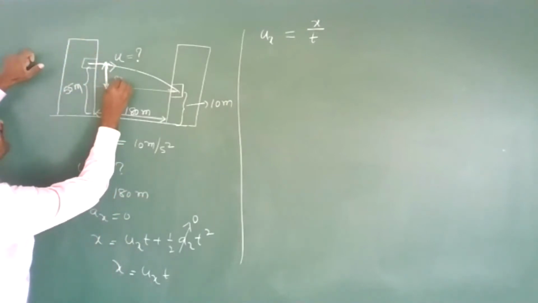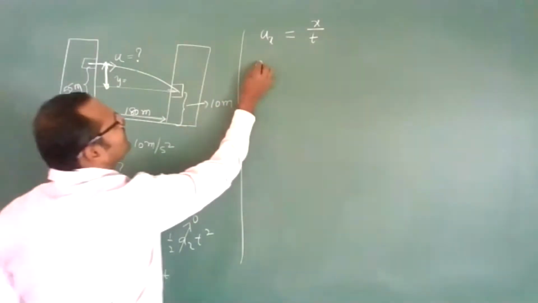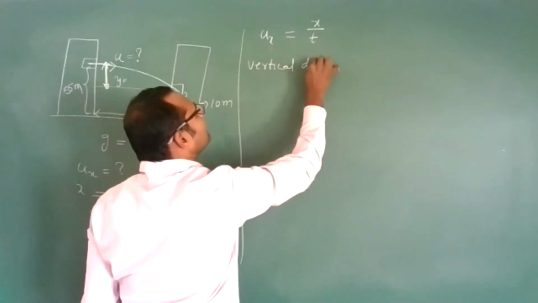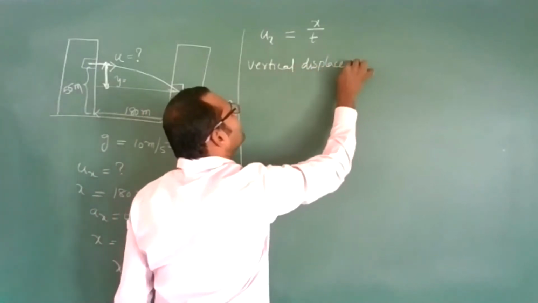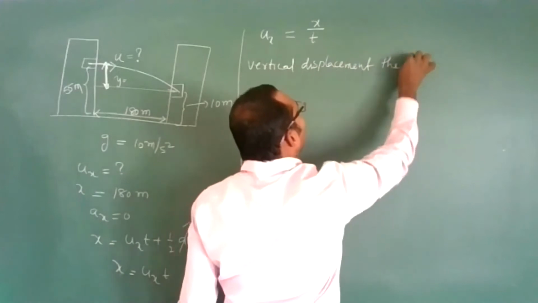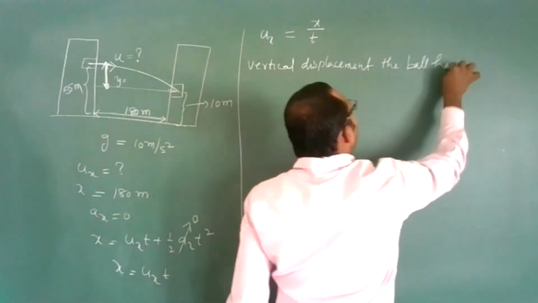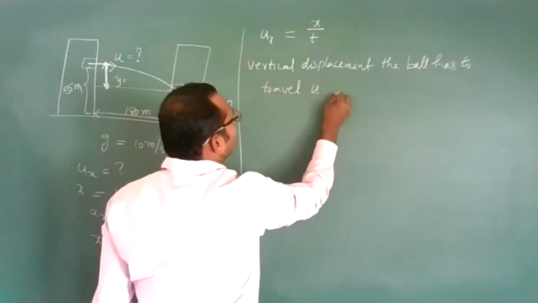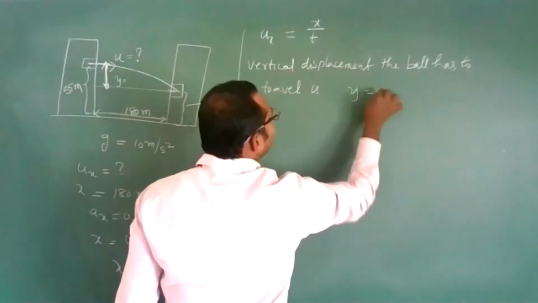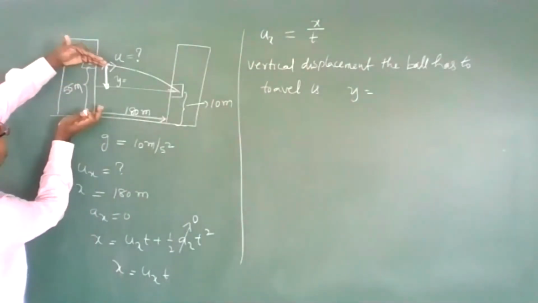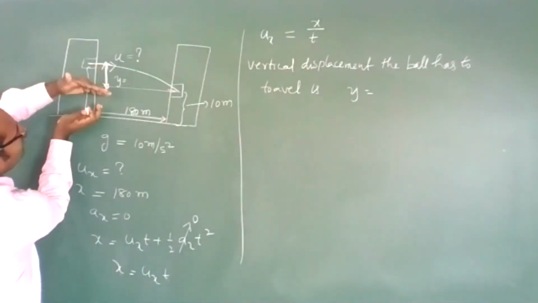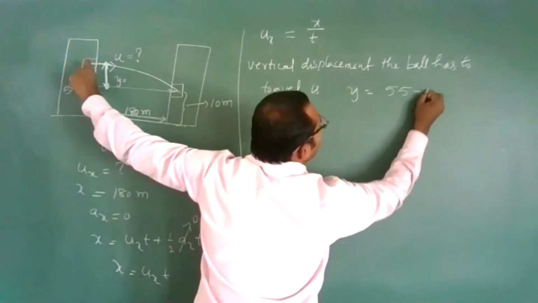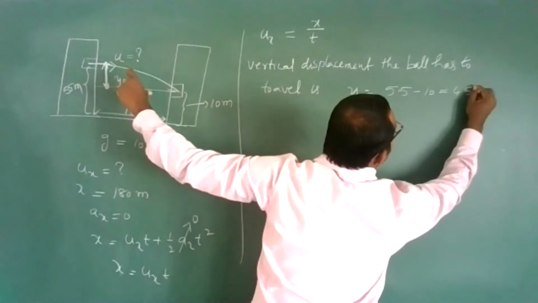Vertical displacement, the ball has to travel is how much? That value is from this 55 meters. It has to come to 10. Means this distance is nothing but 55 minus 10. It is nothing but 45 meters.